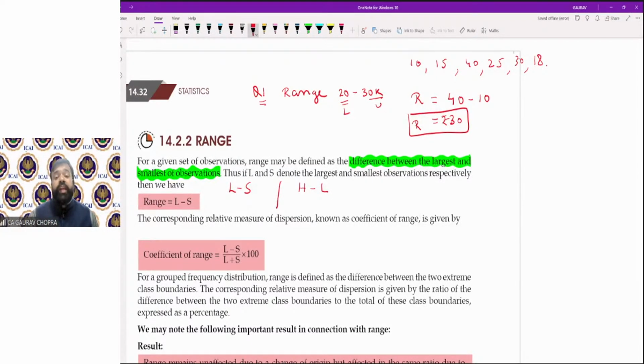नाउ व्हाट अबाउट द रिलेटिव मेजर? रिलेटिव मेजर का मतलब हो गया कि हम उसको रेशियो या परसेंटेज में एक्सप्रेस करेंगे। तो रिलेटिव मेजर इज नोन एज द कोफिशिएंट। सो द फॉर्मूला फॉर कोफिशिएंट ऑफ रेंज, कोफिशिएंट ऑफ रेंज का फॉर्मूला क्या होगा? L minus S divided by L plus S into 100, or it can also be written as H minus L upon H plus L into 100.